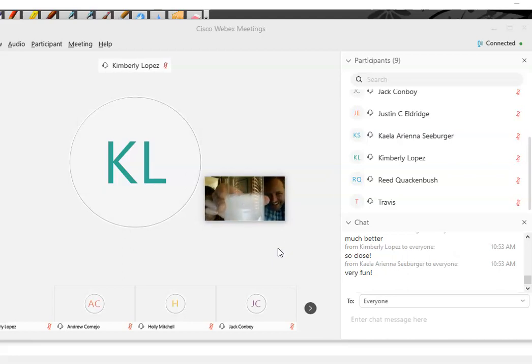Yeah, very fun. There you go. And then eventually, I don't know if you guys can see, but a bunch of little bubbles are coming up from the bottom. There's a pile of it at the bottom.